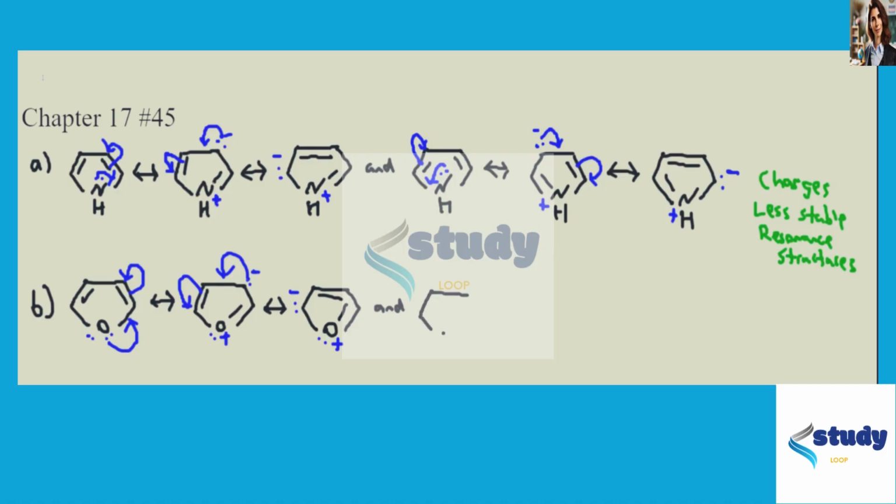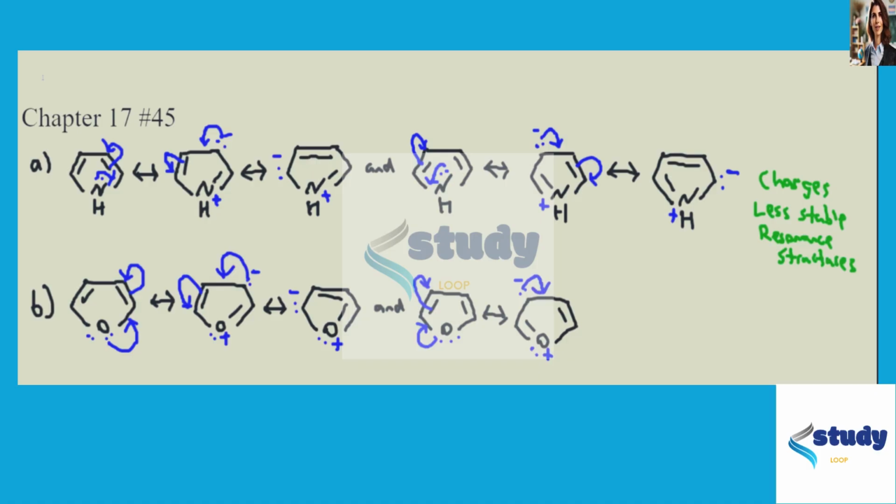Okay, and then again, we can do the same thing moving the other way. So starting back from furan, two lone pairs on the oxygen. And then we can, as I said, just do the same thing moving the other way. So the first resonance structure looks like this, with a lone pair here, one lone pair and a positive charge on the oxygen.